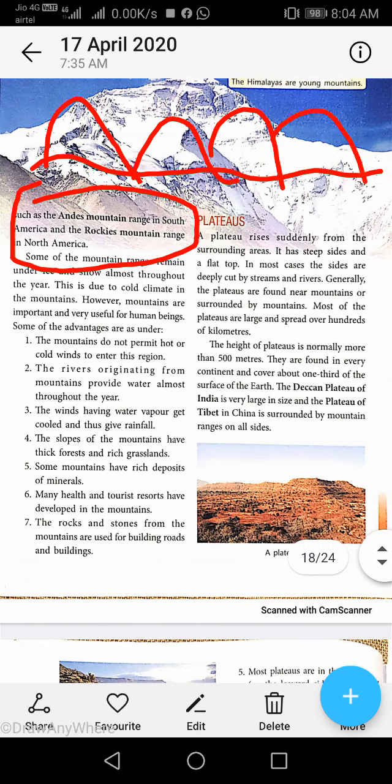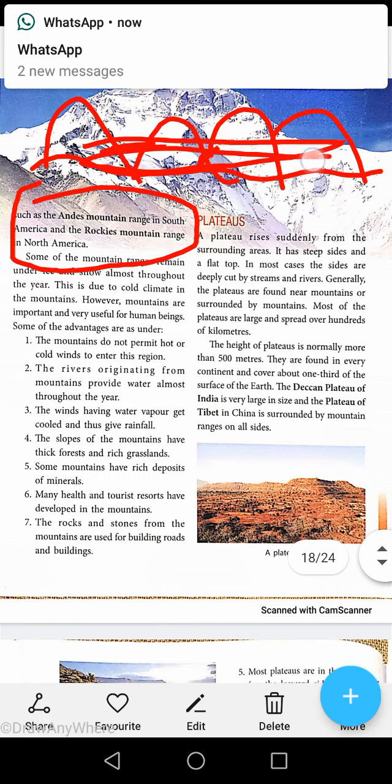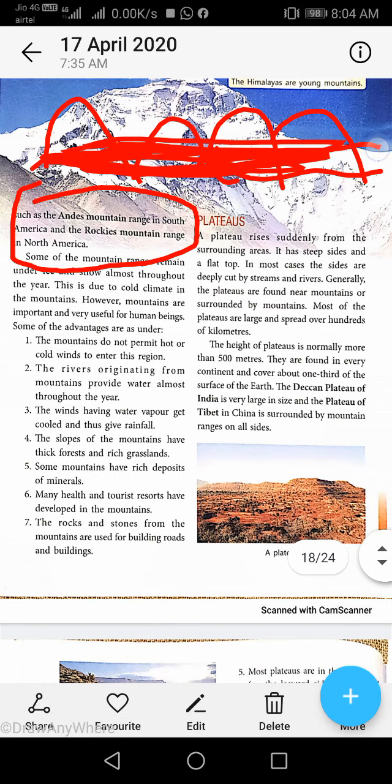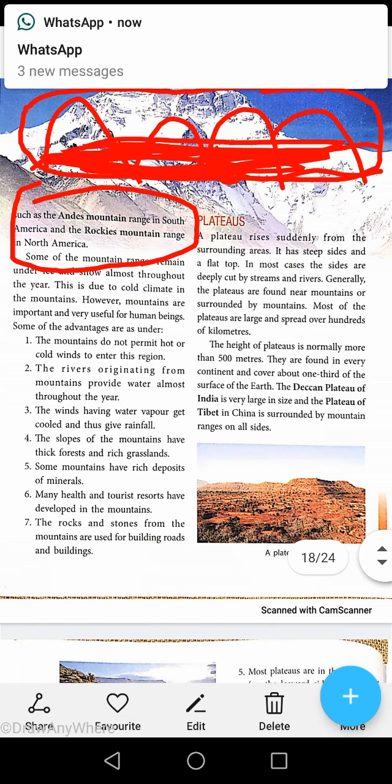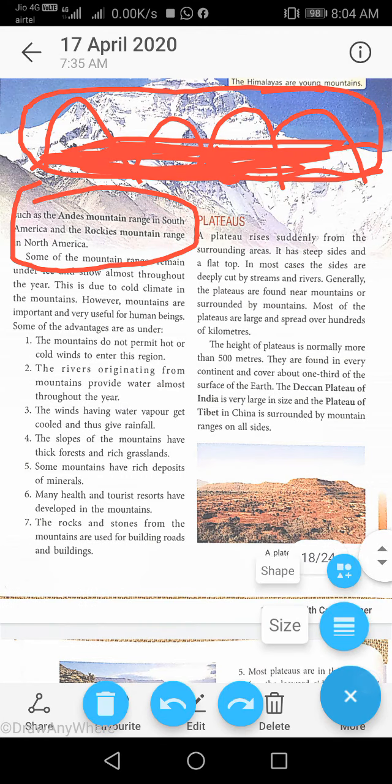Together they join each other with time. They will join from here and look like this. So all these together form a range. This range is known as the Andes in South America and the Rockies in North America.